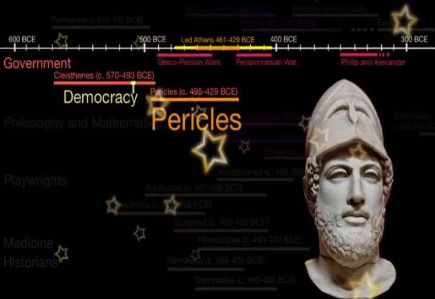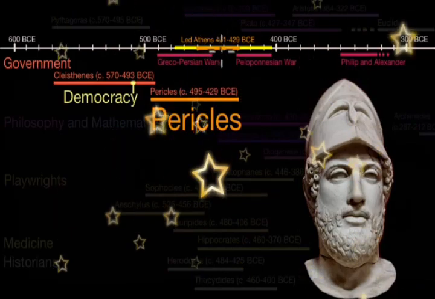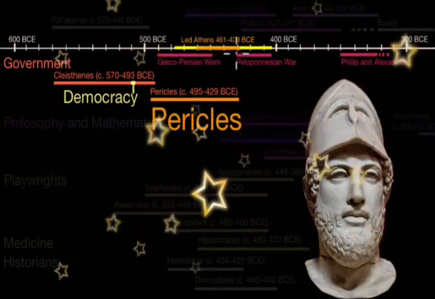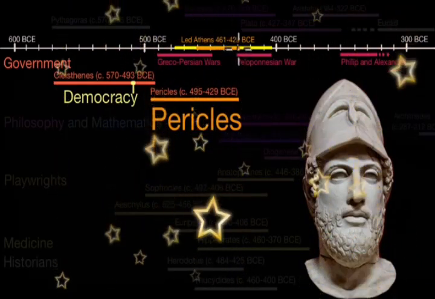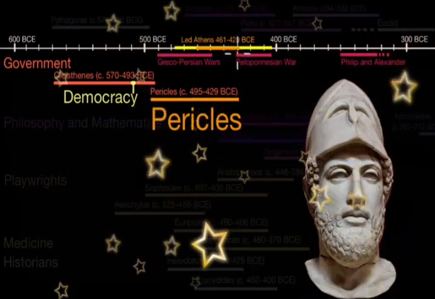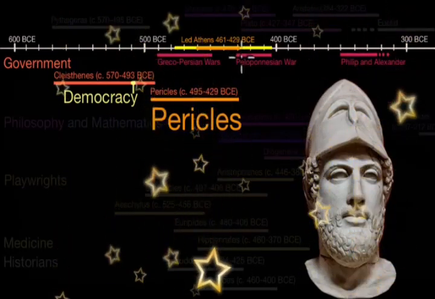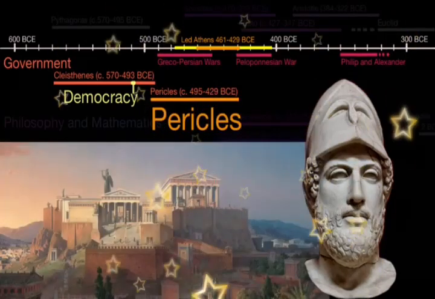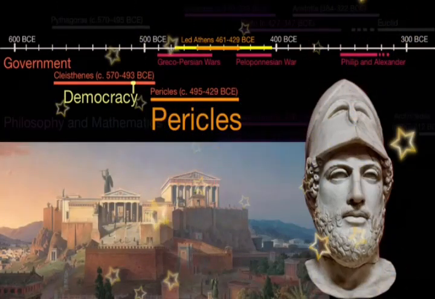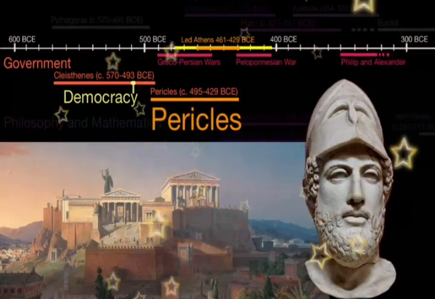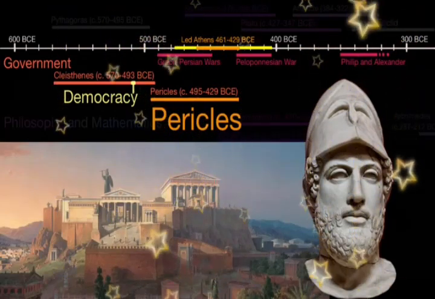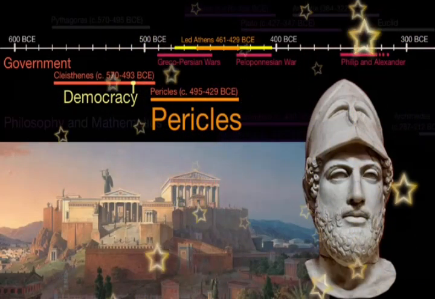orator, he was a statesman, he was a general. In this period right over here that I have in orange, often known as the Age of Pericles, he helped Athens invest significantly in the arts and in architecture. Some of the most iconic structures we now associate with Greece or ancient Greece were built during his time. They were promoted by him.